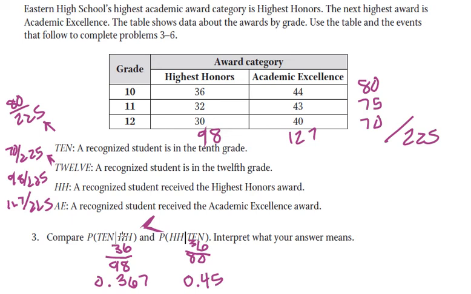So that's basically it there. All right. So if you look at this and you see highest honors in 10th graders, you see, wow, there's the most of them. But also, look, they surveyed the most of them. So you have to think about that.